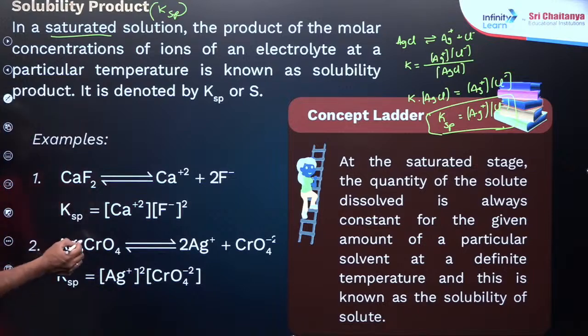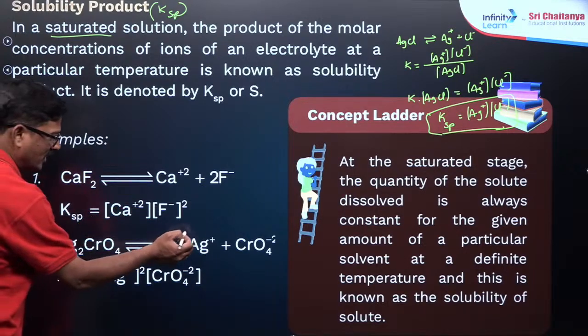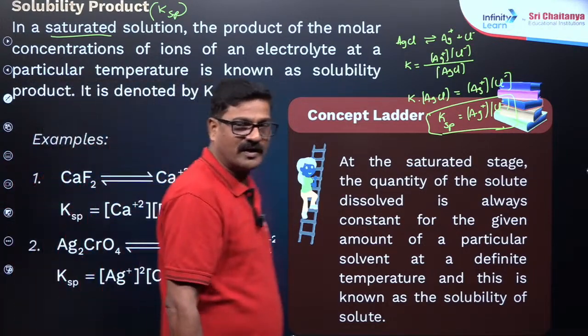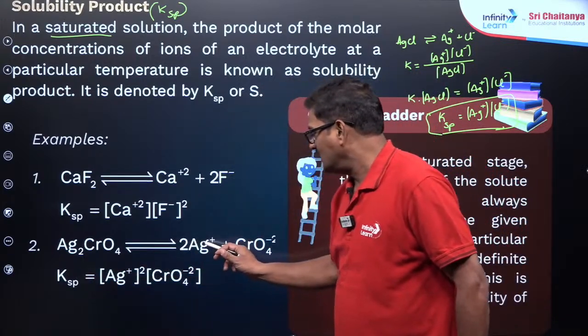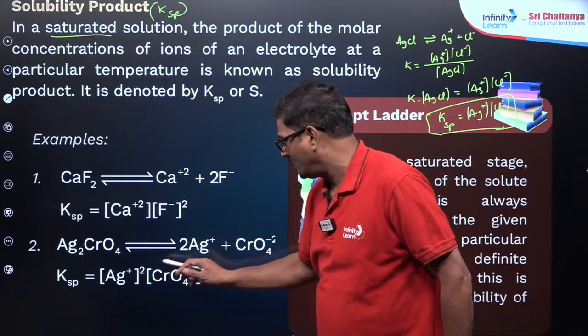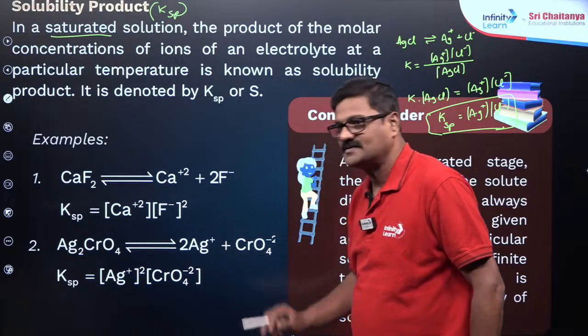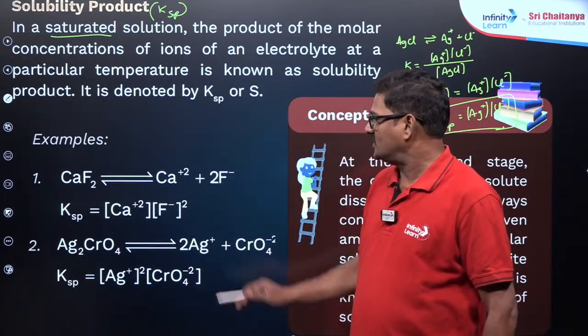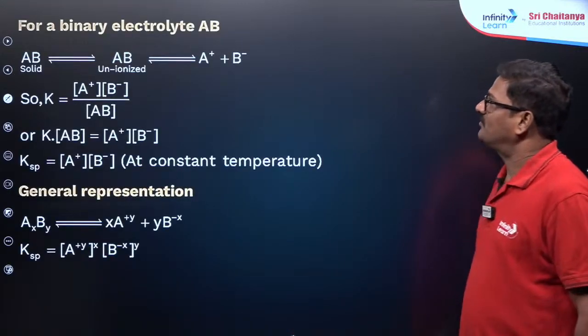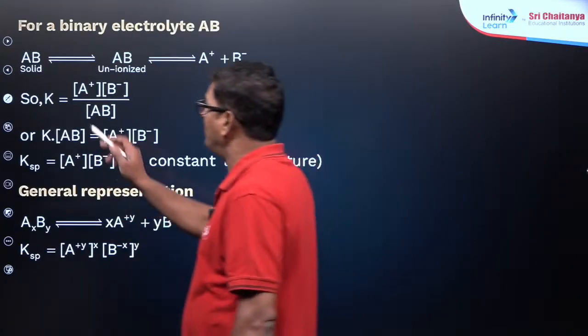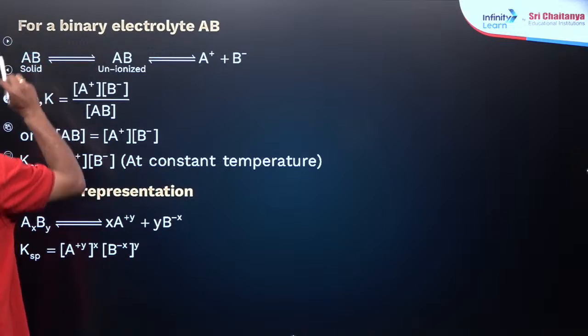Ag2CrO4, silver chromate, ionizes to give 2Ag plus and CrO4 2 minus. And Ksp is going to be Ag plus squared and CrO4 2 minus. So it is called AB2 type. And for a binary electrolyte, मान लो AB solid है.